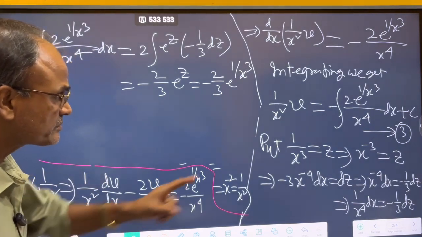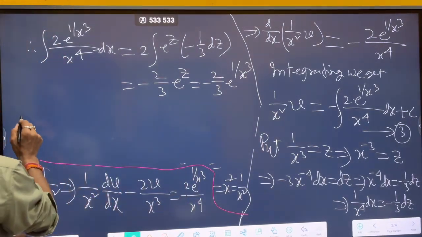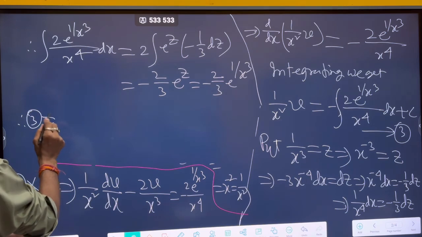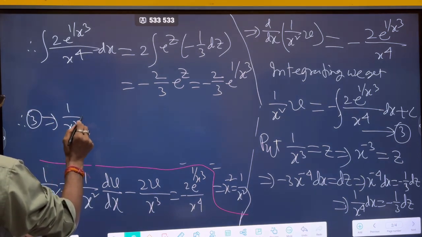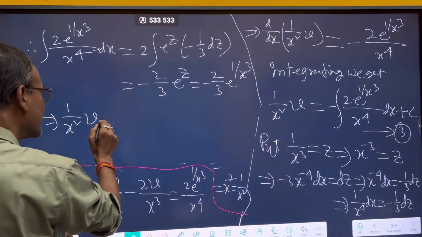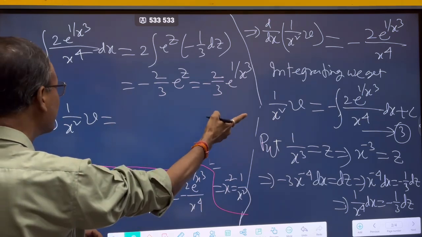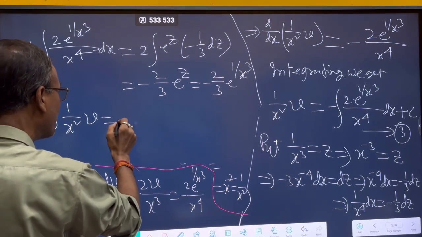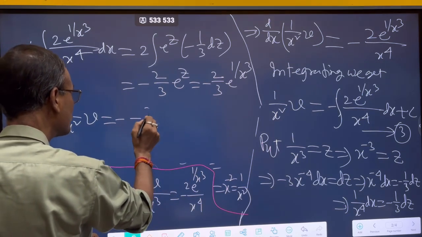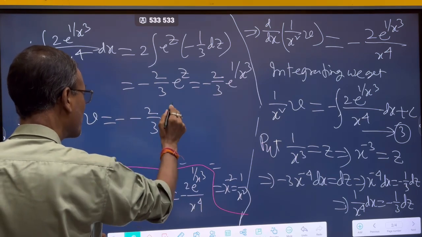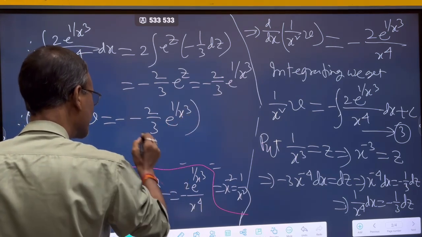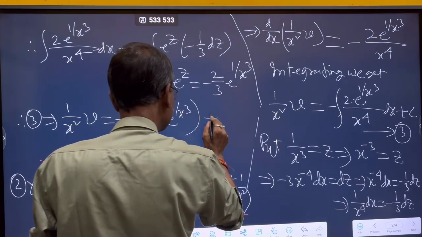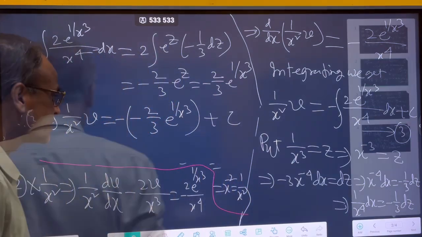Therefore from 3 you will get 1 by y square v. This is equal to, originally minus 1 is there, minus of minus 2 by 3 e to the power 1 by x cube plus c. What is v?